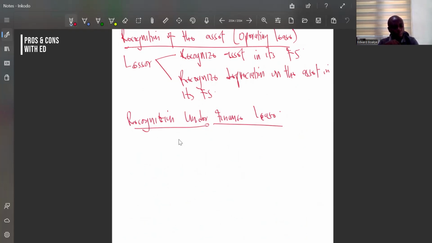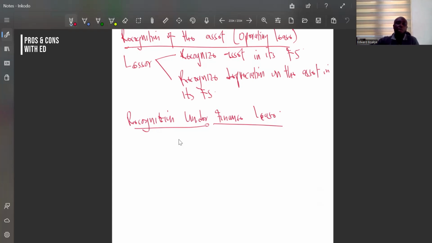The payment. But what happens is that, yes, it is payments that I'm making to someone who has leased his or her asset to me, right? So I will recognize that payment as if it's a liability.